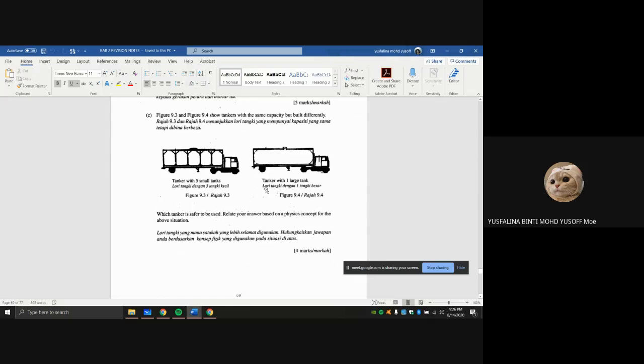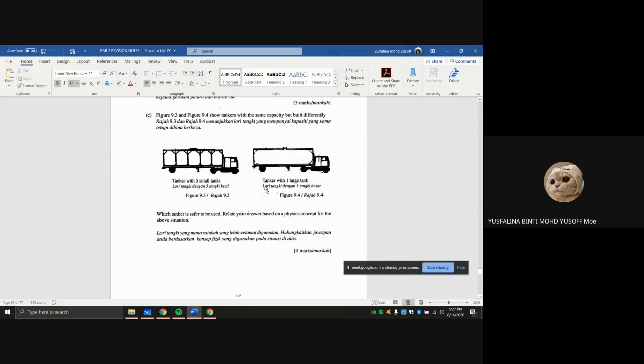So why? The second mark is small tanks with distributed mass.